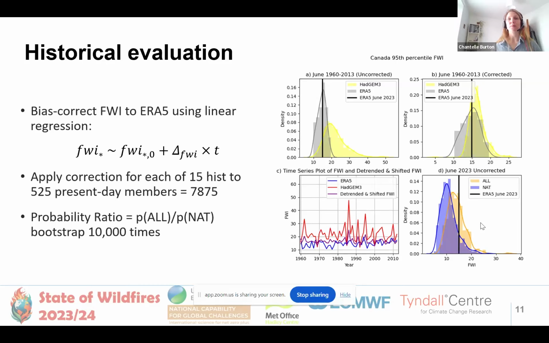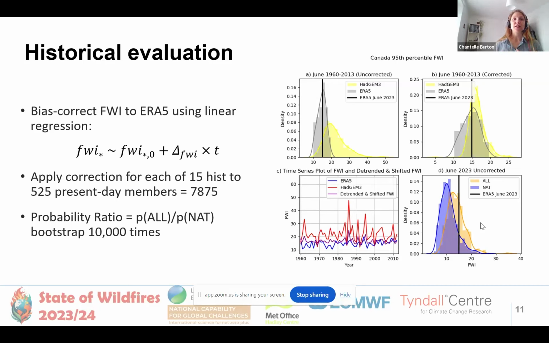And in subplot A, so the top left, for example, we're looking over the historical period from 1960 to 2013 in the HadGEM ensemble in yellow compared to the observed fire weather created by ERA5 reanalysis data. And you can see that there's quite a bit of overlap between the 2, but the HadGEM ensemble is biased slightly high in terms of the fire weather compared to ERA5.